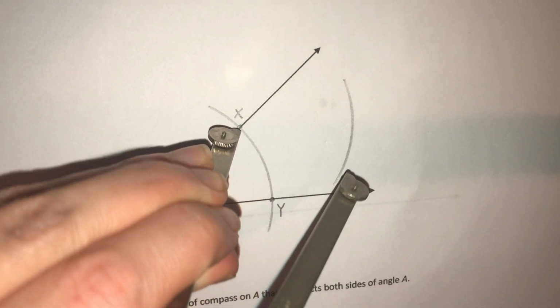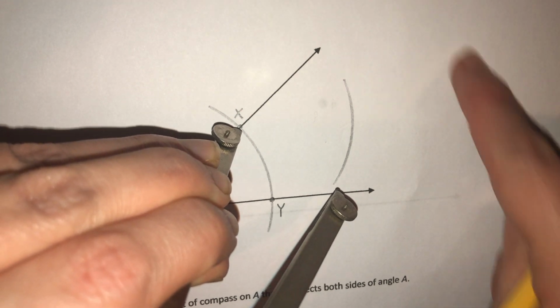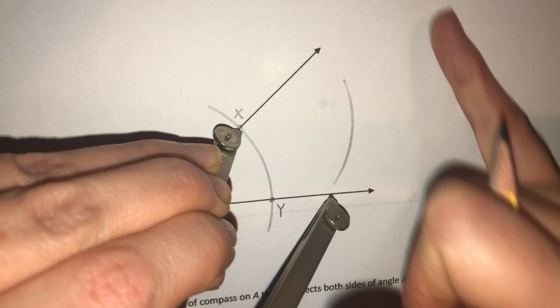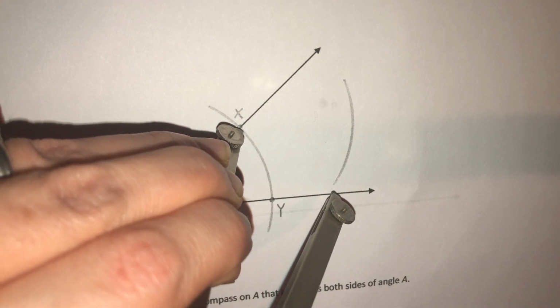Now let's say your arc was further out. You can still make the arc that would pass where, notice these rays have arrows, they go on forever, where it would be between the rays, they just may not extend as far.